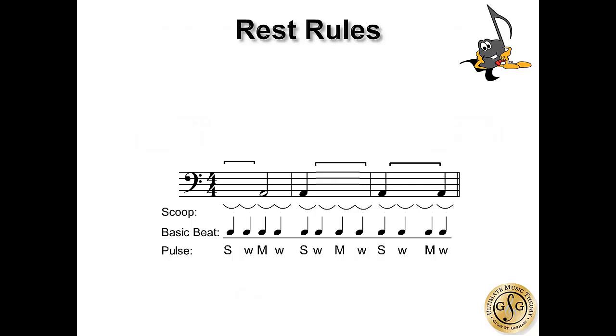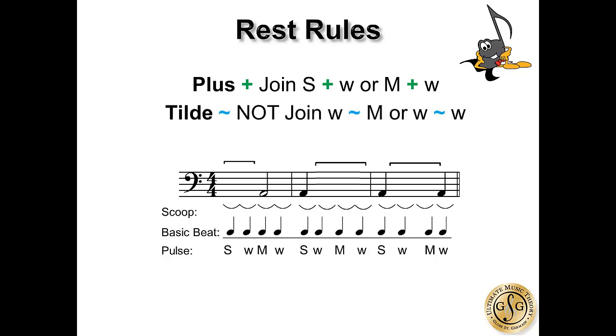The rest rules are: the plus sign indicates to join the strong plus weak or medium plus weak pulses into one rest. The tilde sign indicates to not join the weak tilde medium or weak tilde weak pulses, and these must use 2 separate rests.